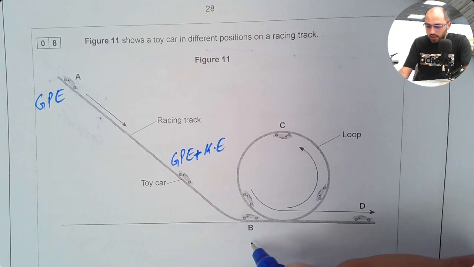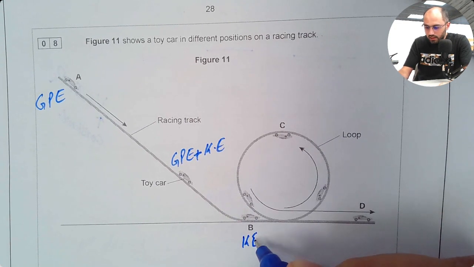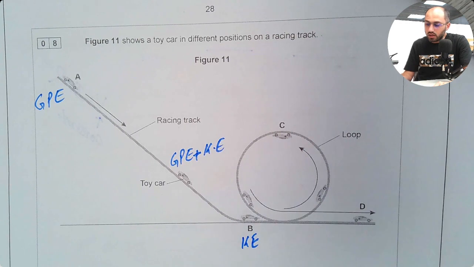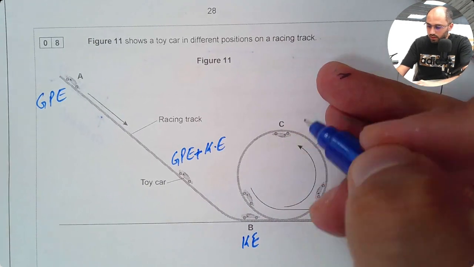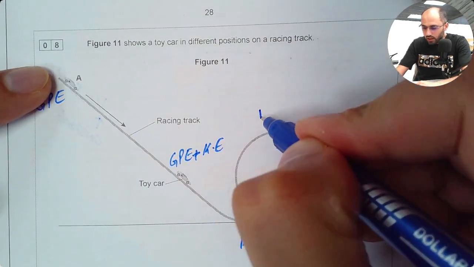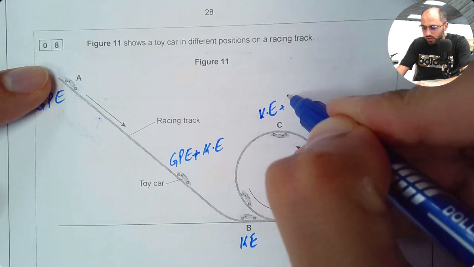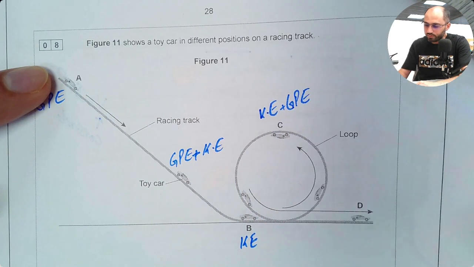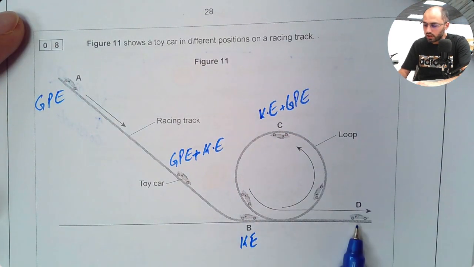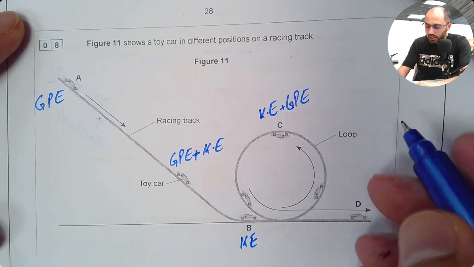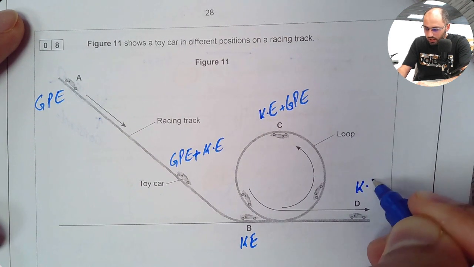So here it will only have KE. Location C is above ground. So again, at location C, the car will now have KE plus GPE. And then when the car rolls down and gets to location D, it will now have KE.